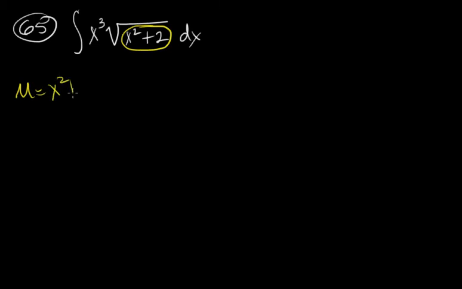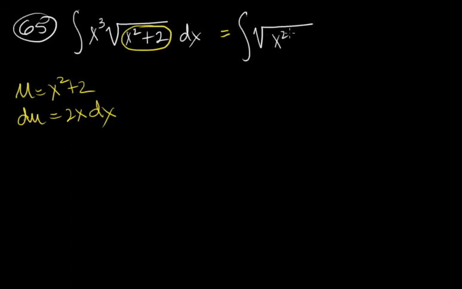So u equals x squared plus 2, du is equal to 2x dx, and I'm going to write this as the square root of x squared plus 2. I know that that's the same thing as u to the 1/2.